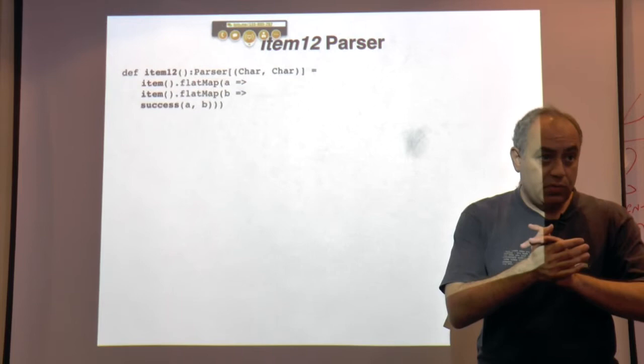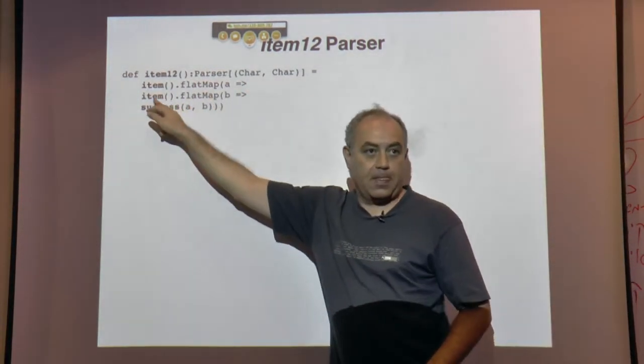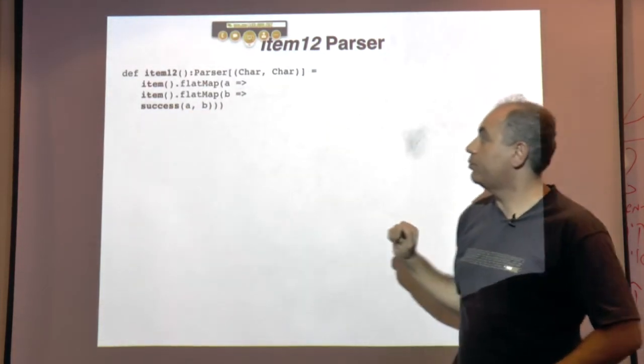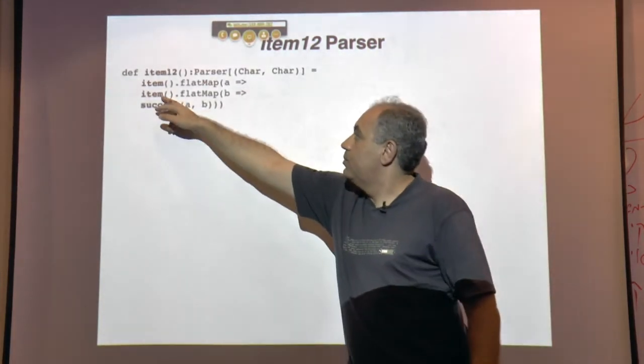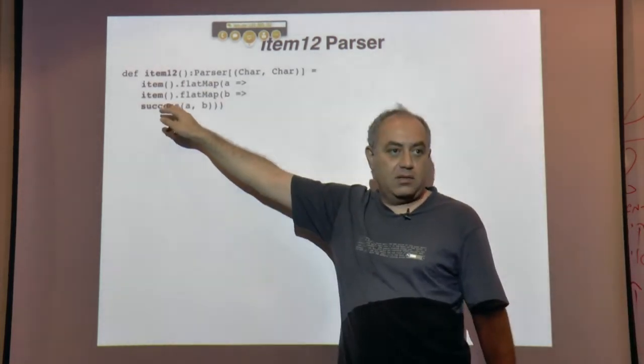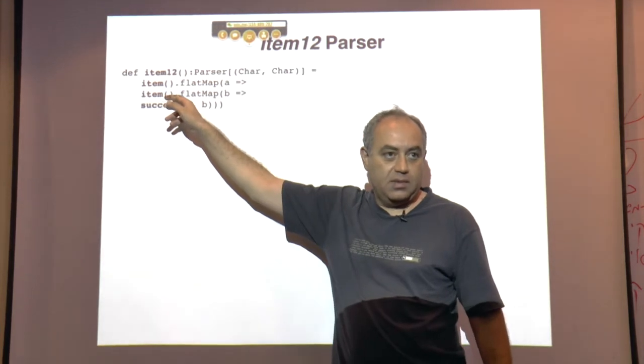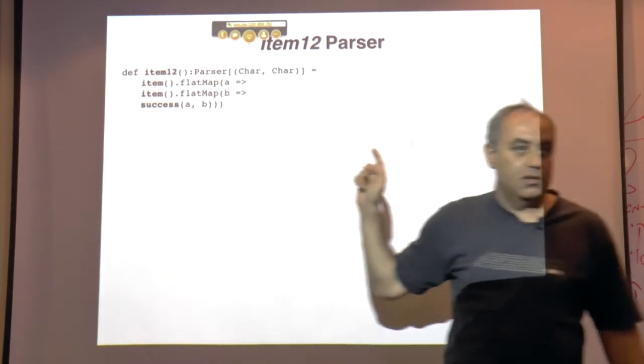Okay, let's see how it works. We are talking just about it. Again, this is a new parser. It's an item parser, and we apply to the item a new function.